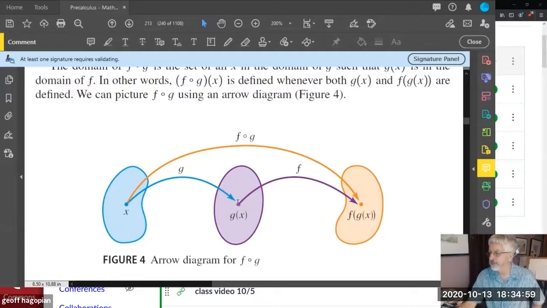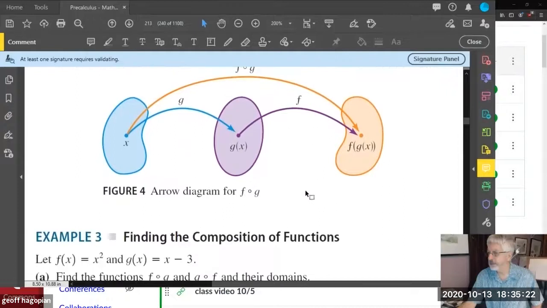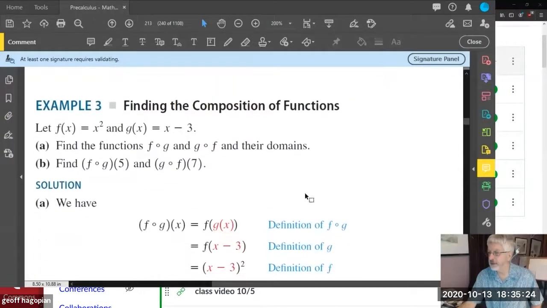And the domain of f, well, the hope is that the image of g is contained in the domain of f, but that may or may not be true. So we don't really see the largest domain of f here. We see that if g of x is in the domain of f, then we get f of g of x. And this little arrow diagram, take it or leave it.